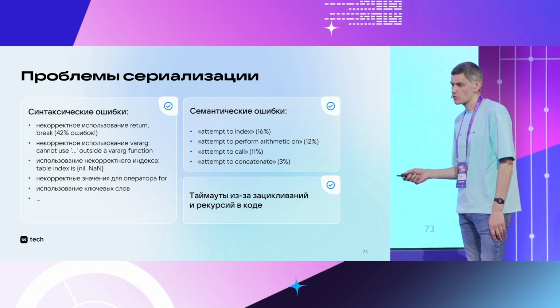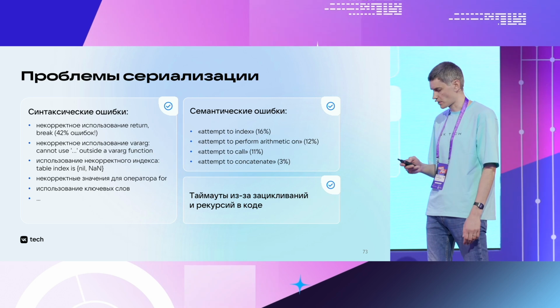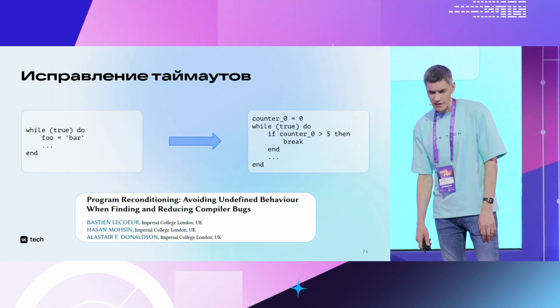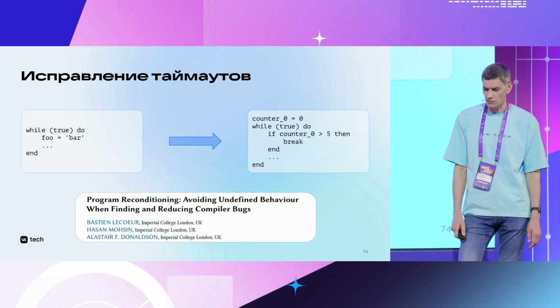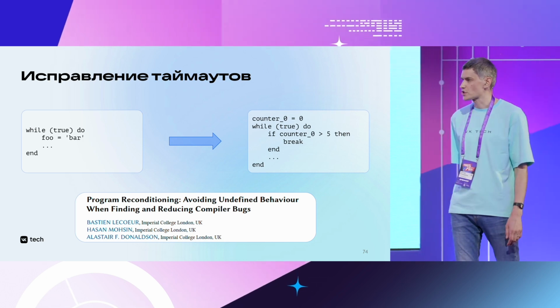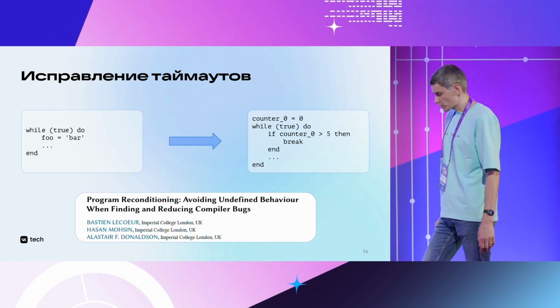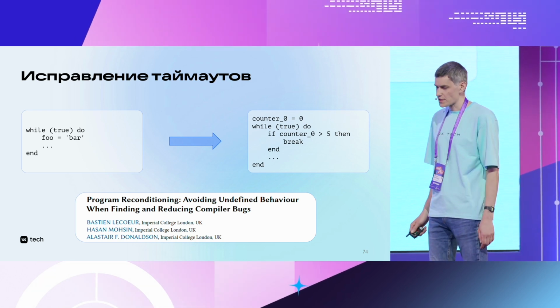And often we had timeouts because of recursive calls or cycles. How did we solve that problem? Timeout was easy. We added the counters, which were initialized at the end of the cycle, and if they reached a certain level, we ended the cycle.